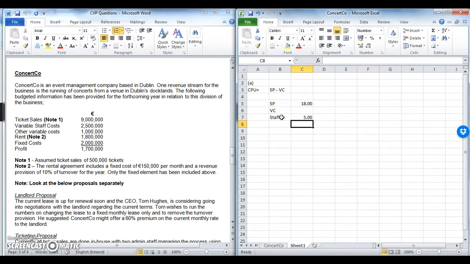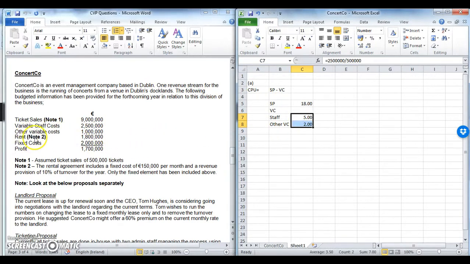So that's 5 euro per ticket sold. And other variable costs are 1 million, so plus 1 million over 500,000, which gets you 2. So that's the variable staff costs and other variable costs, giving you 7 euro per ticket.